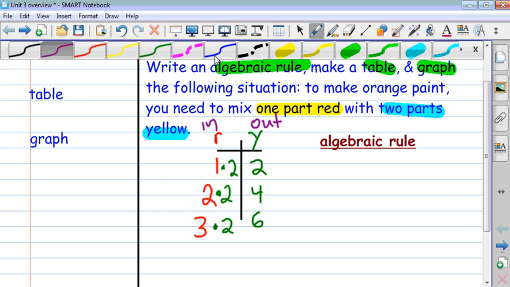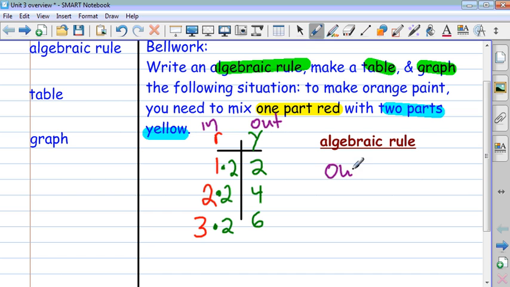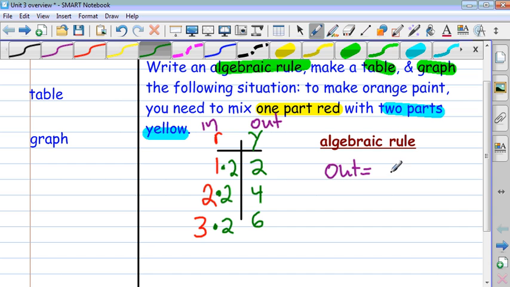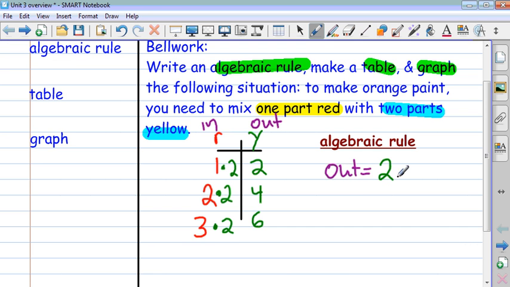So here's what I can write. I can have my out equals 2 times in. Because I got any number, 1, 2, or 3, and I always multiply by 2.